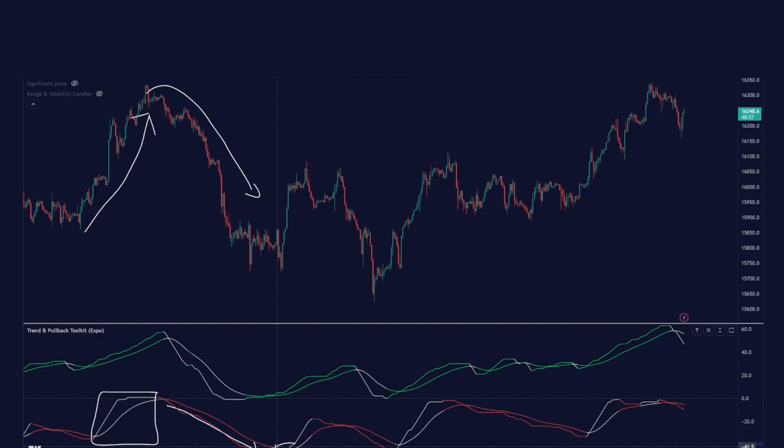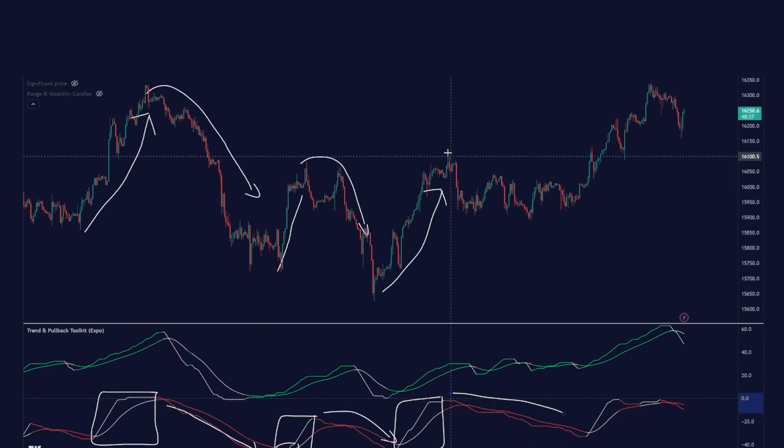And once again, the line became white right there, indicating a bullish impulse, followed by a negative move. And then the line became white again, indicating a bullish impulse, followed by a negative move. Right? So that is how we should look at the indicator. The red and white line indicates bullish impulses followed by a negative move.